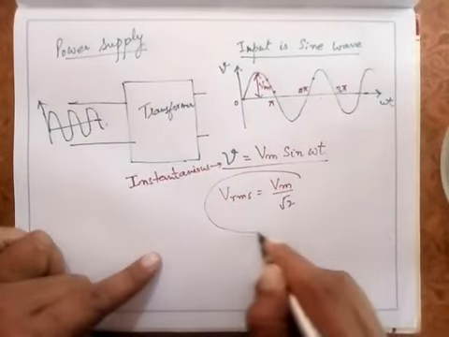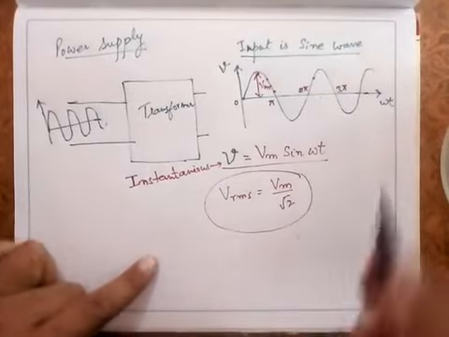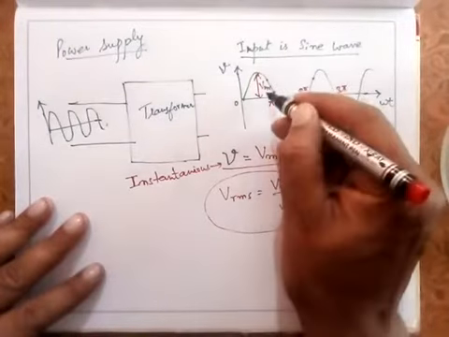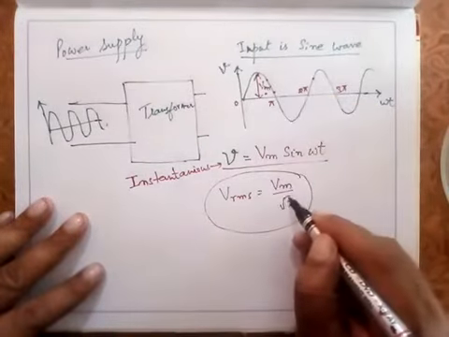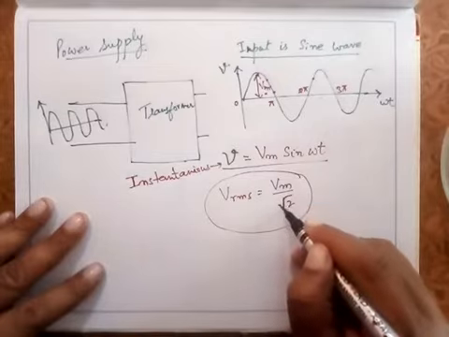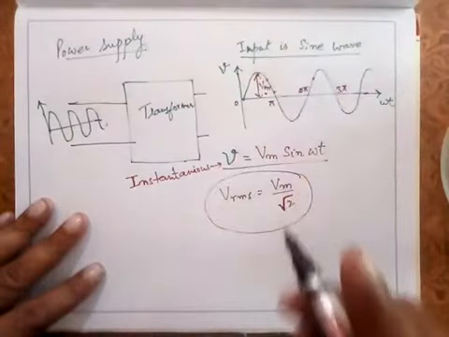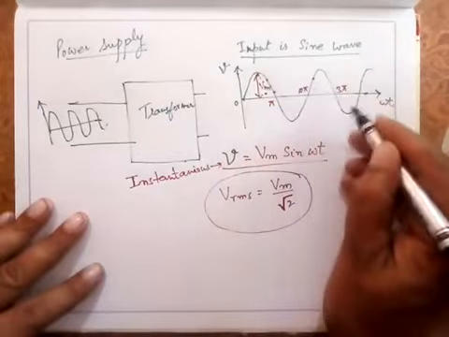Remember that. You can derive this also. So this is the maximum value of the signal, and this is the RMS value which we will consider throughout our mathematical derivations, assuming this signal is sinusoidal.